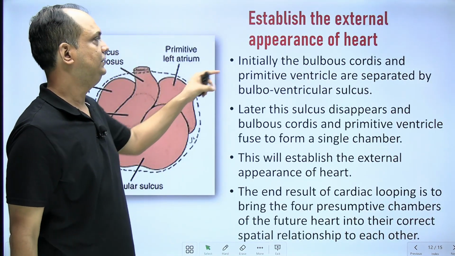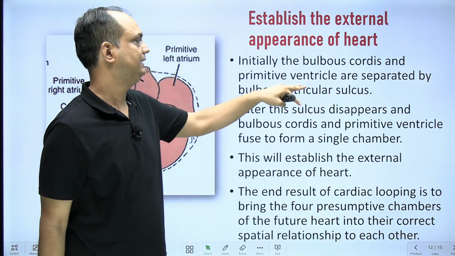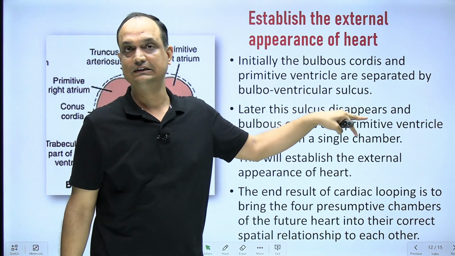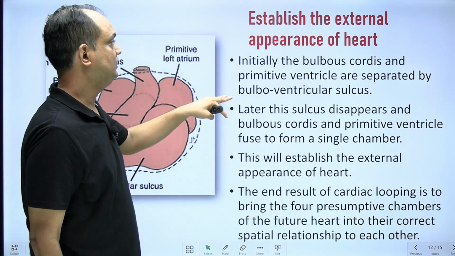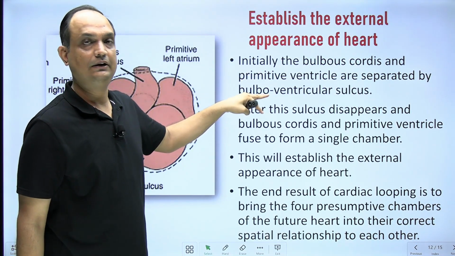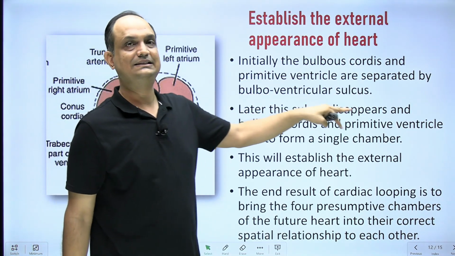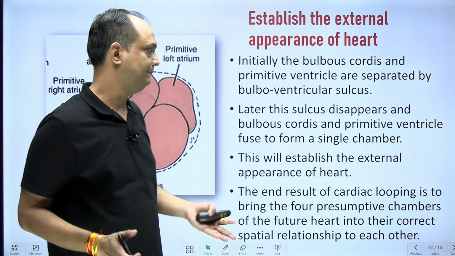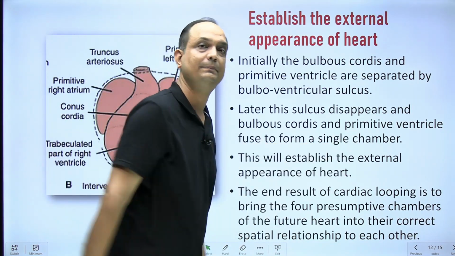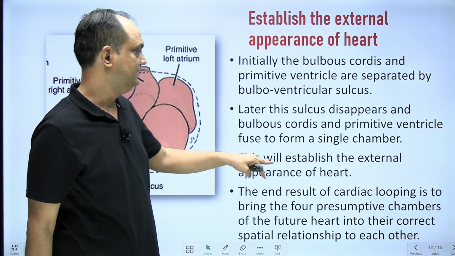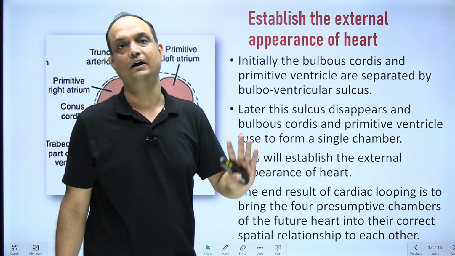Clear? So initially the bulbus cordis and primitive ventricle are separated by the bulboventricular sulcus. That means initially there is a separation, but later on the sulcus disappears, and once the sulcus disappears, what will happen? There is a formation of the chambers of the ventricles and it will establish the external appearance of the heart.